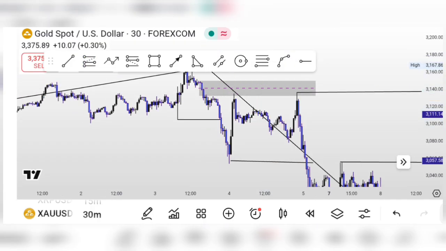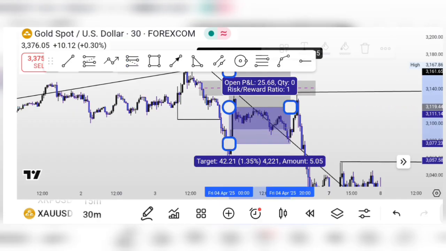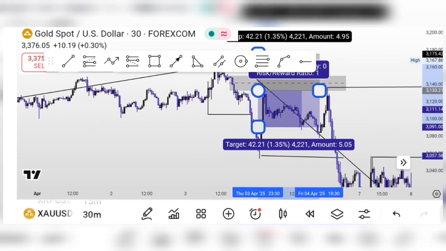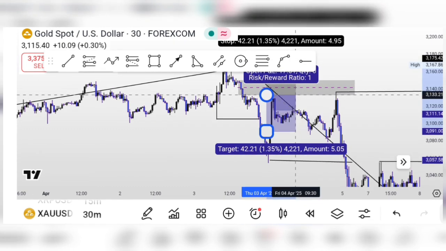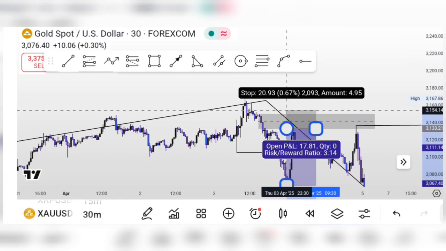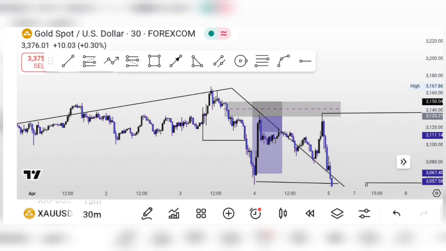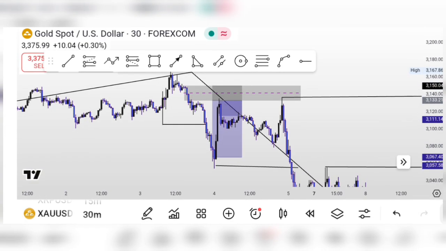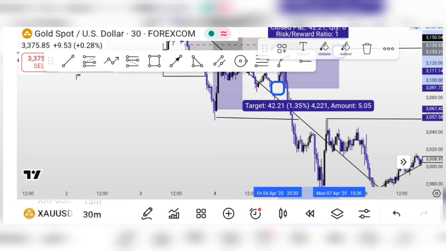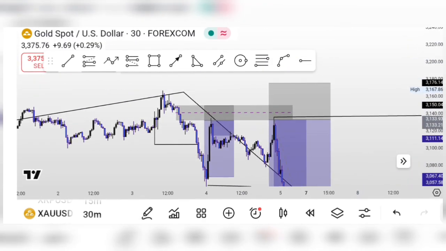So one is this one here, which is the market retraced, and your TP should not be that much. And the second one, which is this one, the market also retraced back to the same order block.